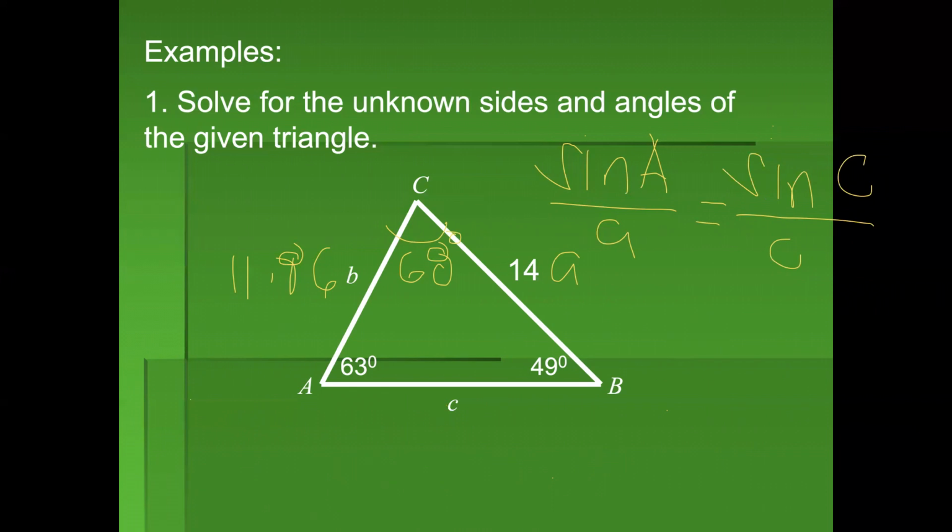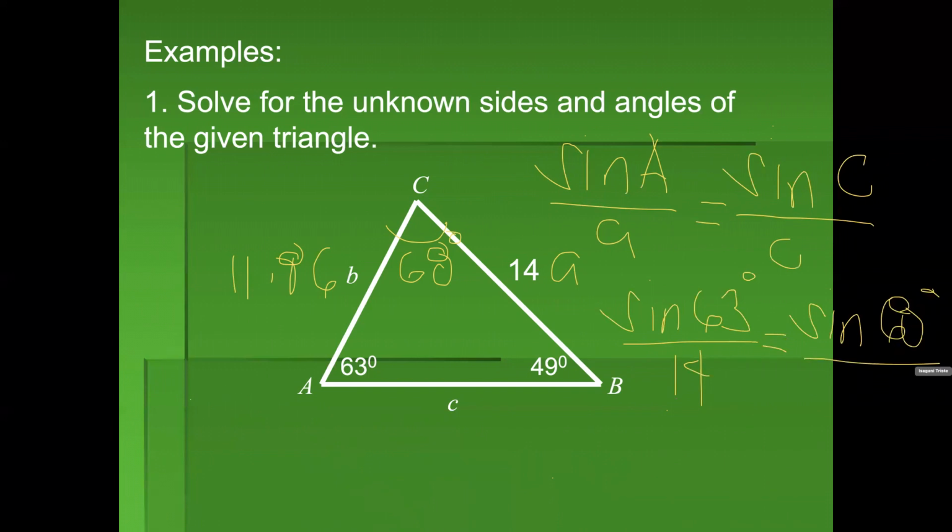So we'll have sine 63 over 14 equals sine 68 over side C.